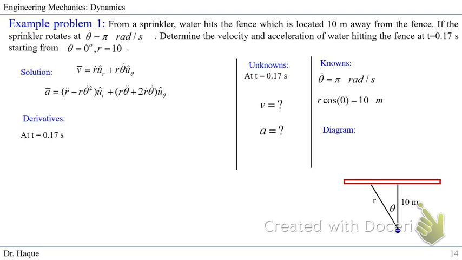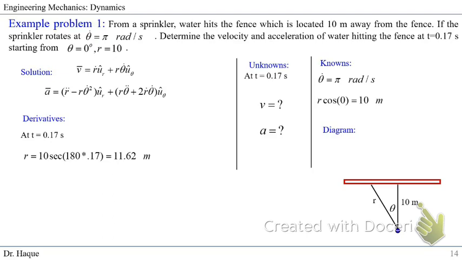So the question asks what would be the velocity and acceleration at t equals 0.17 seconds. So we need to find those values at 0.17 seconds. At t equals 0.17 second, r is 10 sec theta. We are working in degrees, so I replace pi with 180, and the time is the same, 0.17.